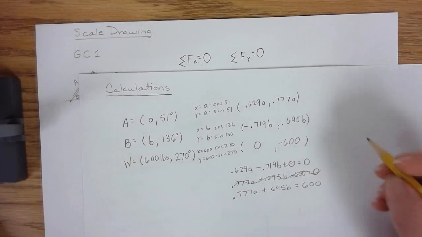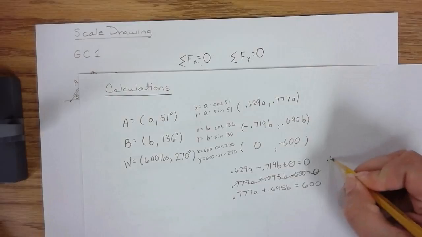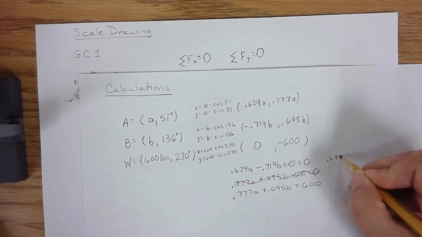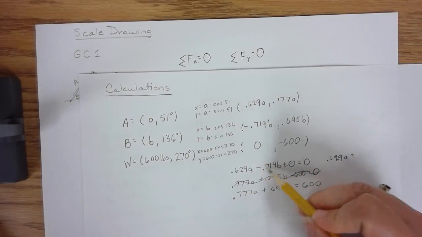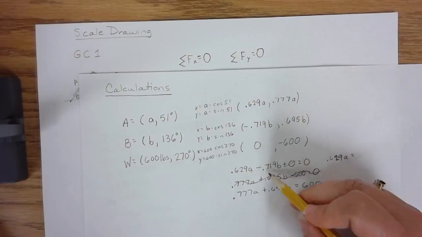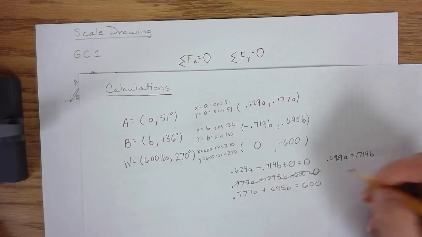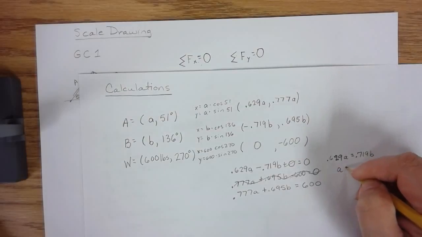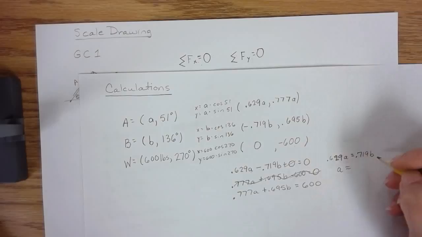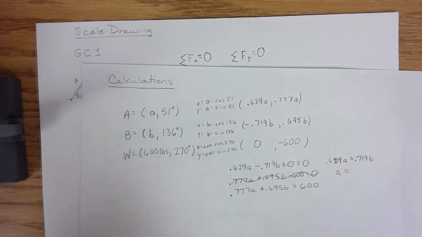In order to do that, I'm going to end up with 0.629a is equal to, and I'm adding the 0.719b to both sides, so it's equal to 0.719b.